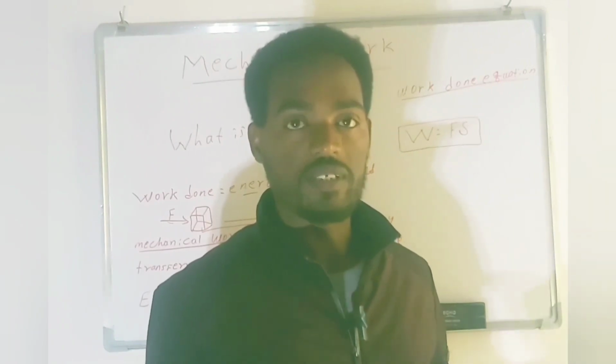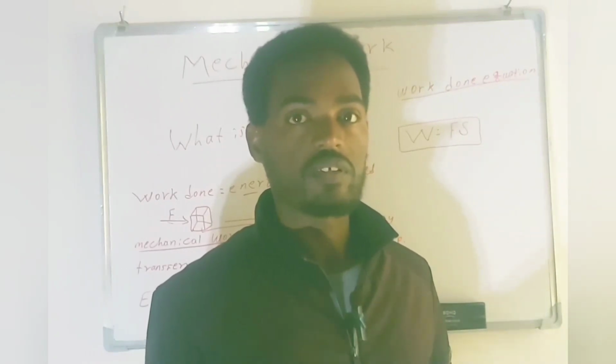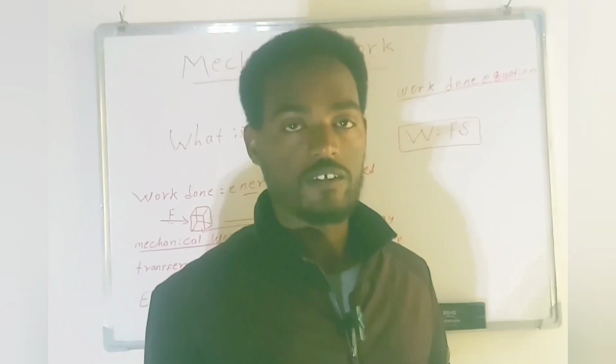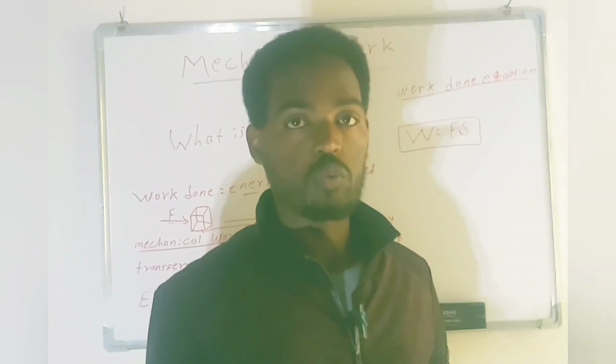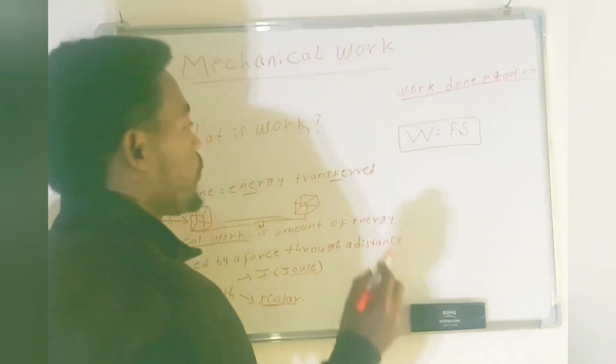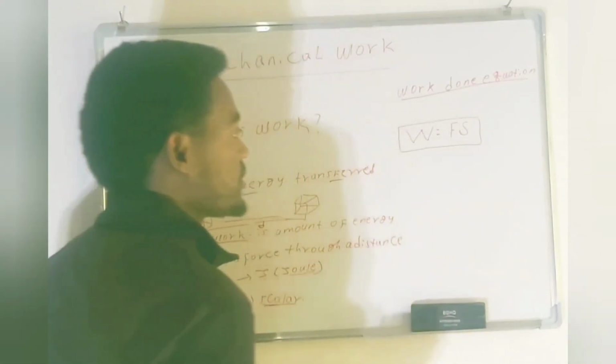Mechanical work can be defined as energy transfer from a force through distance. Depending on this mechanical work definition, we can have the work done equation. Our work done equation is work is equal to force times distance.